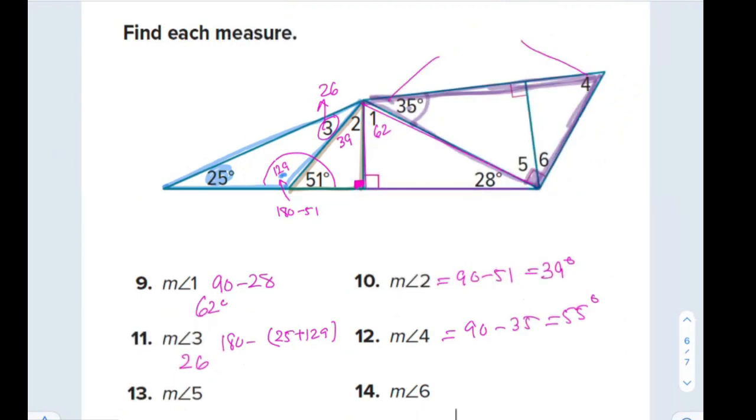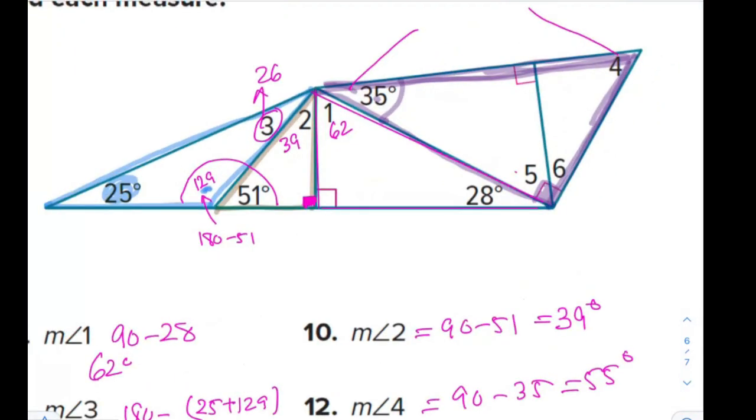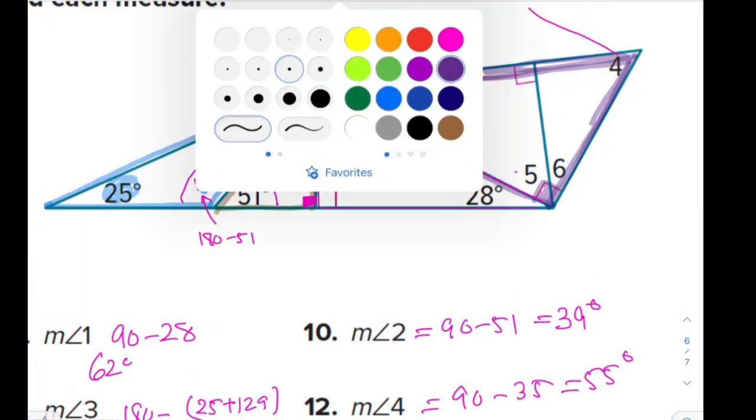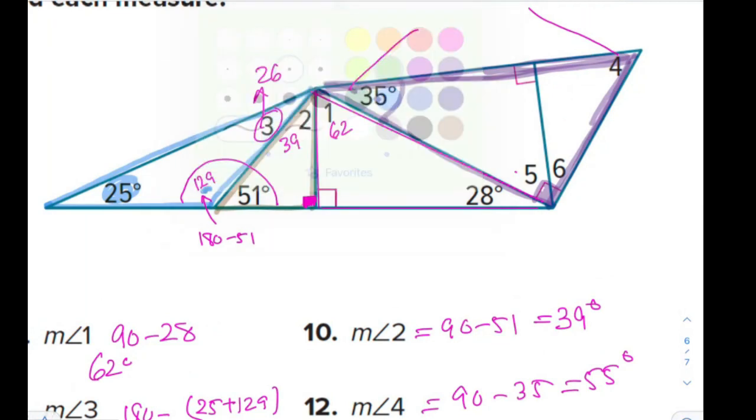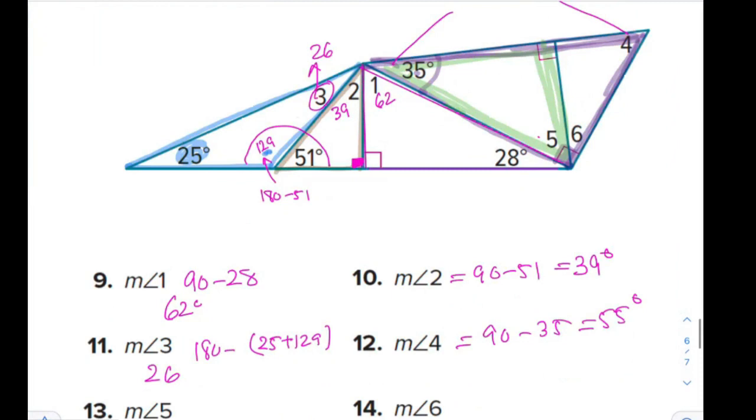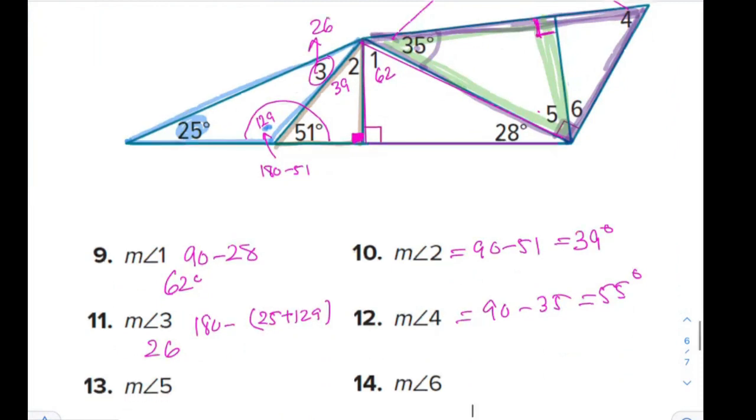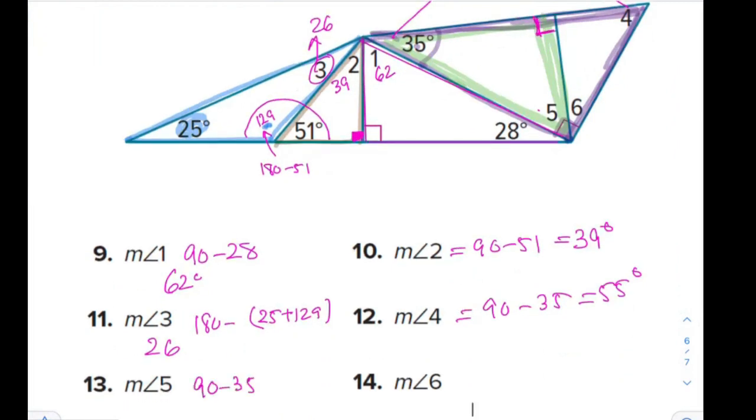Angle 5 is here in a small triangle. This is the triangle. And this will be complement to angle 35 as well. So it is 90, and this is right. So this is 90 minus 35, meaning the same as 55.